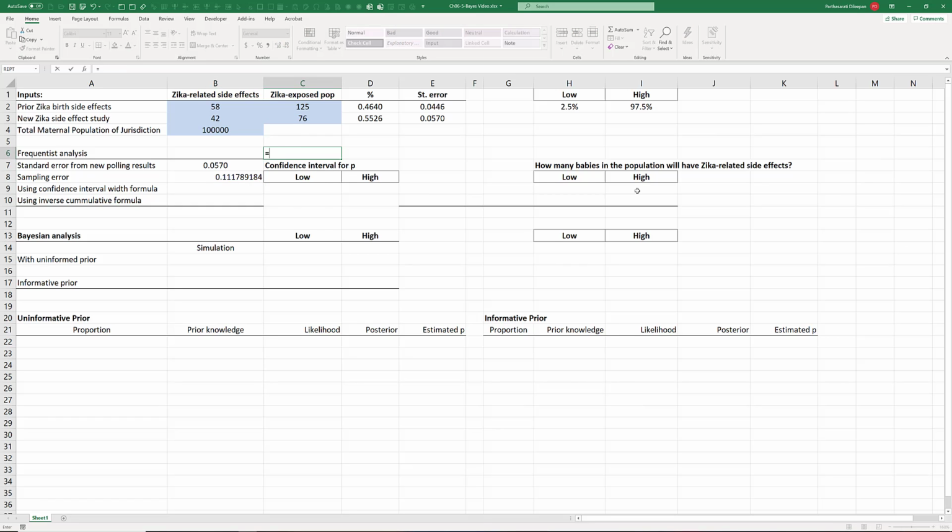So we need norm dot s dot inv of that, so you get 1.96, and then instead of hard coding 1.96, you would do that.